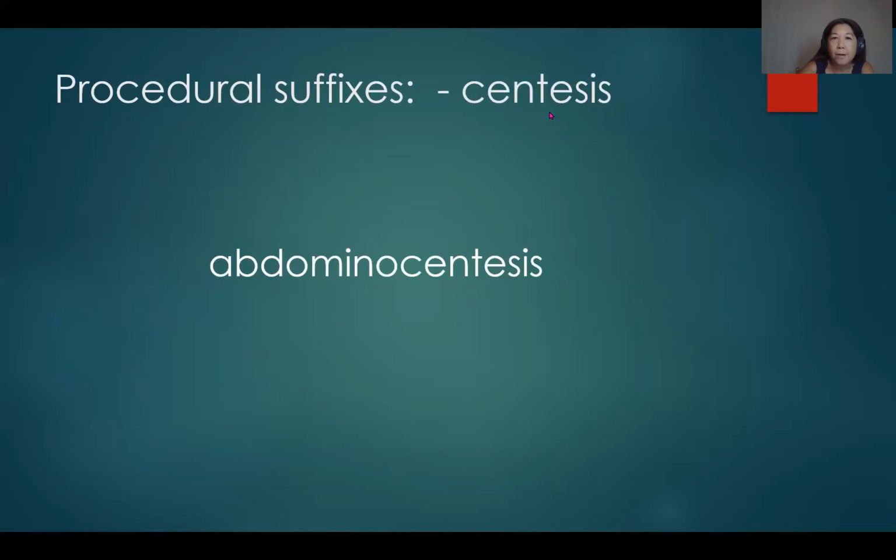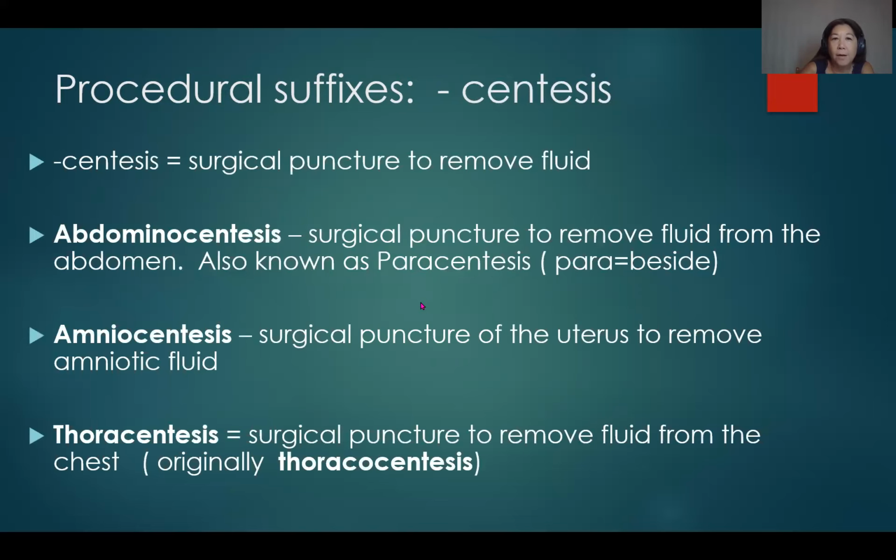Centesis is another common suffix. So you can have something known as abdominocentesis. Some of you may have heard of this. When a mother is over the age of 35 and is pregnant, I'm mixing it up with amniocentesis.